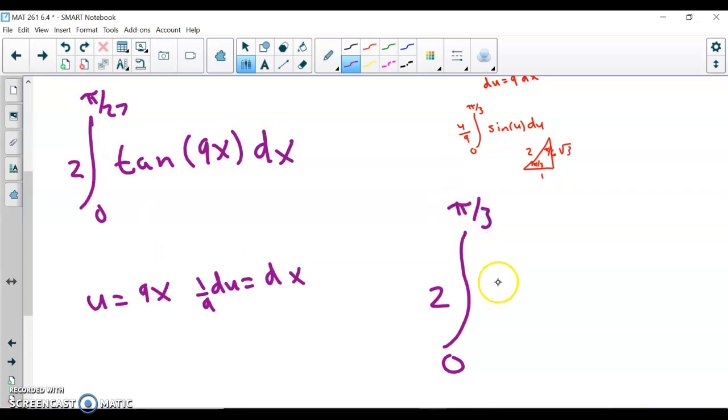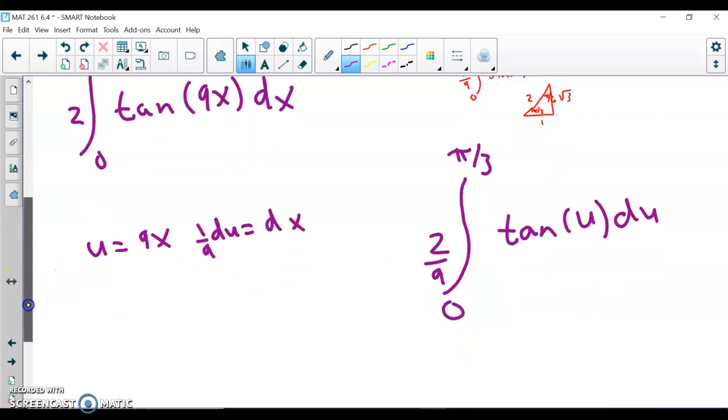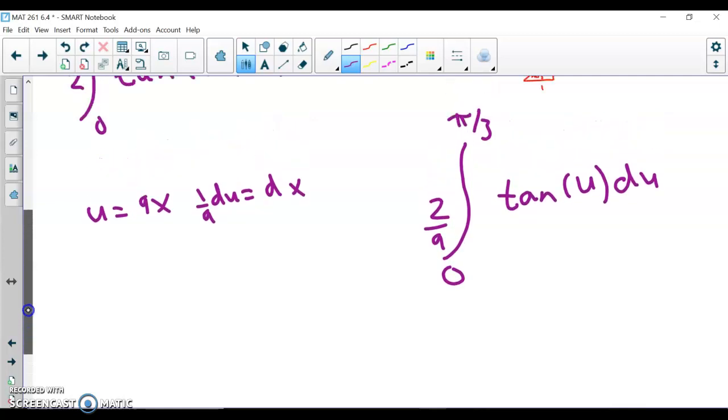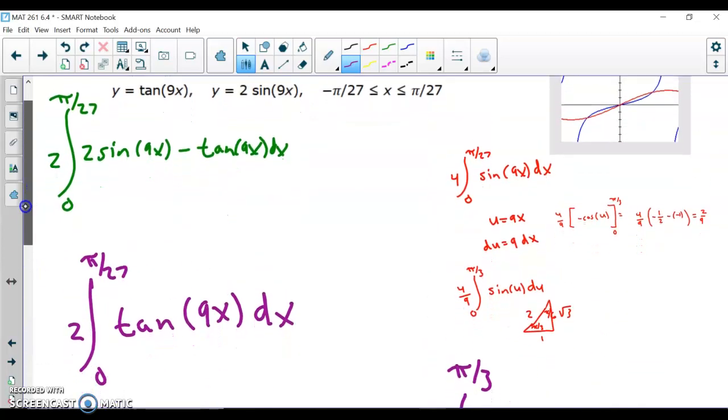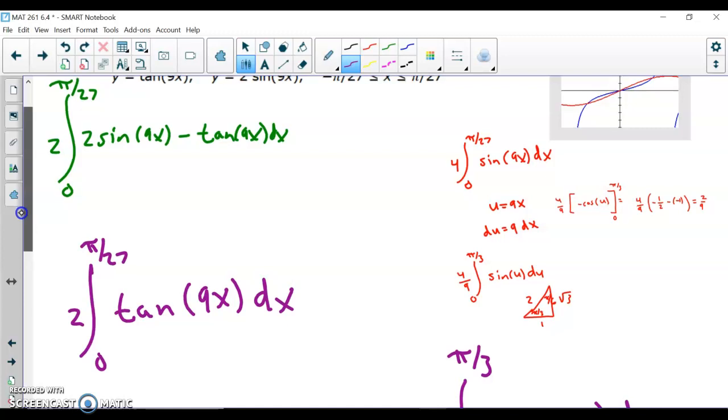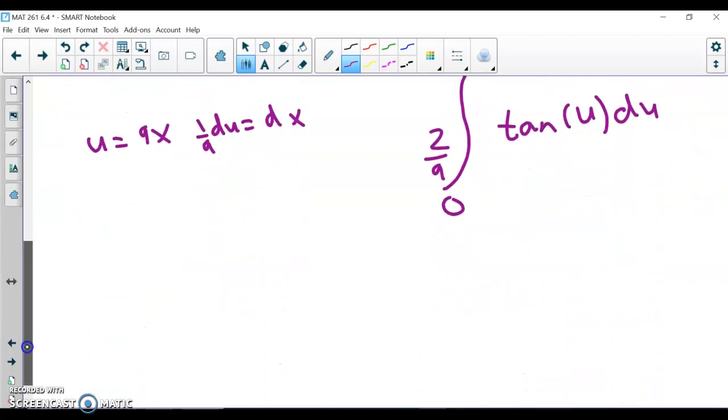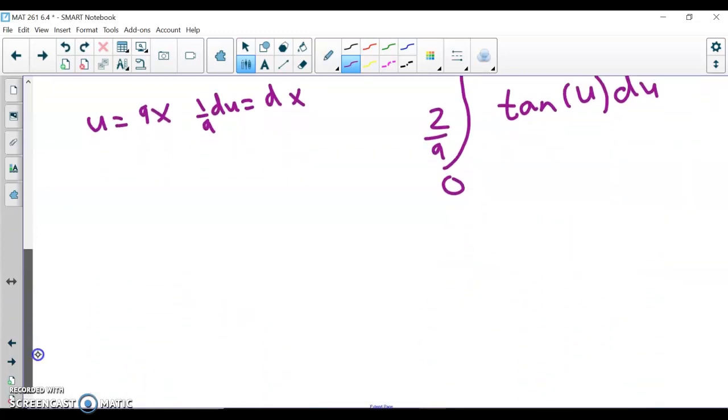And now we can say, okay, well, this is really just tan u, and dx was our 1/9 du. So I'll put that 2 over 9, and we'll call this du. And then remember from the previous video, I showed us tan. I forget where I did it. I guess it was in part 1, or maybe earlier on in this video, and I erased it when I paused.